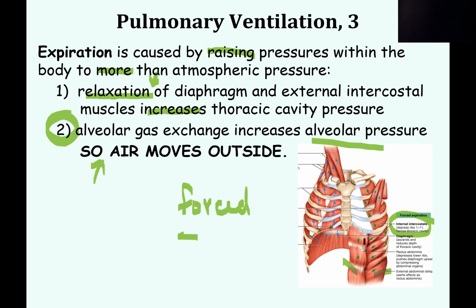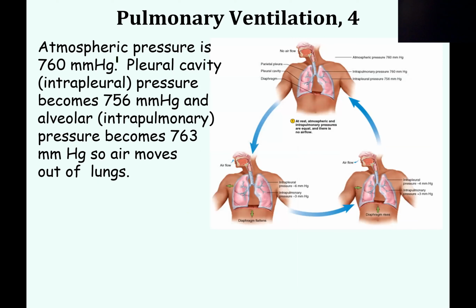Second slide for that same objective. Atmospheric pressure at normal, 760, with the relaxation of the diaphragm and the external intercostals, it's going to raise the pressure to 756 millimeters of mercury, because it used to be 754.